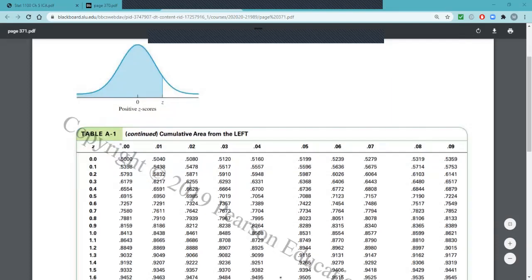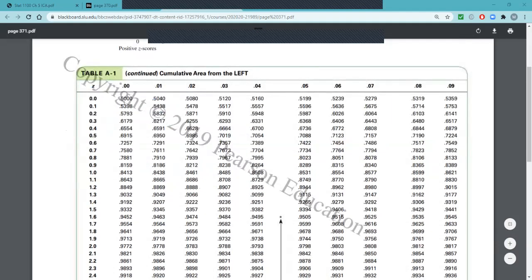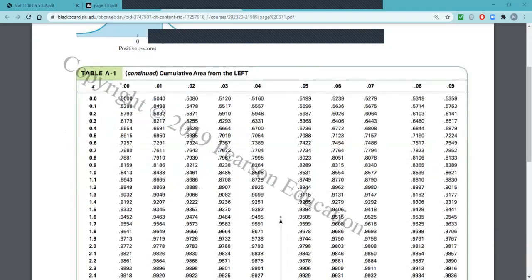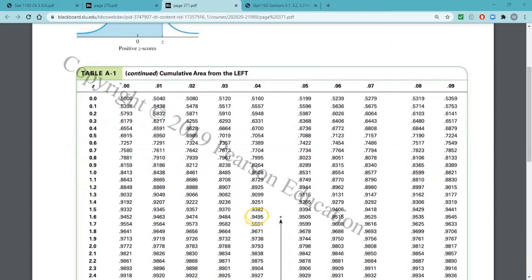Let's go on down. And I notice these two values right here, 9495 and 9505, are the two closest values to that 9500 that I want.